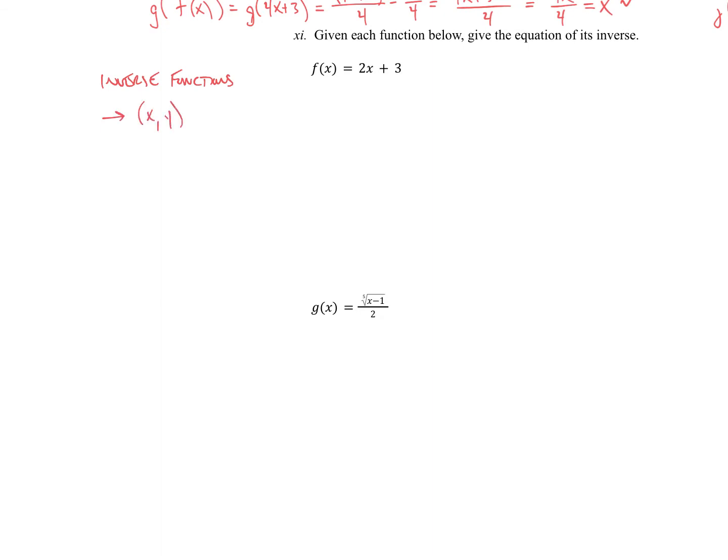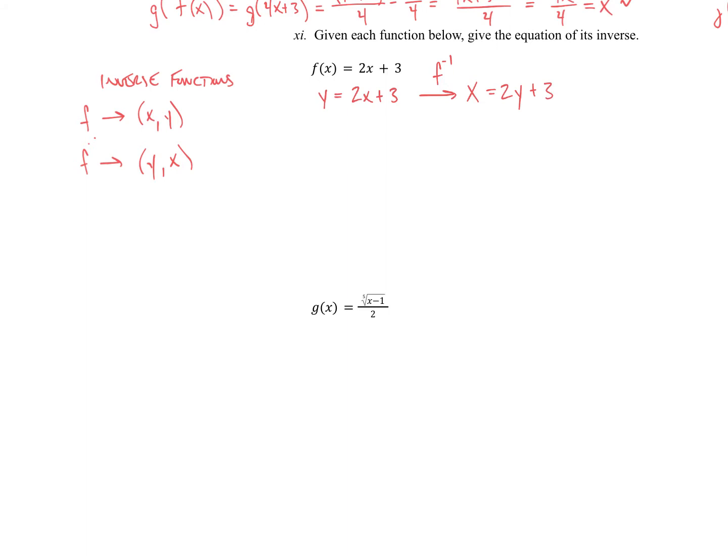So all xy points become yx points, essentially. So if this function gives me y coordinates using x coordinates, then my inverse function is going to give me those x coordinates if I plug in those y coordinates.